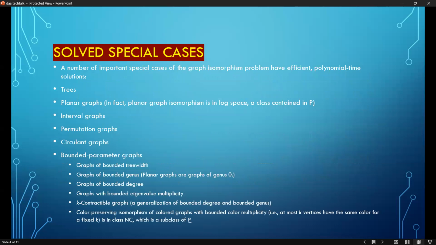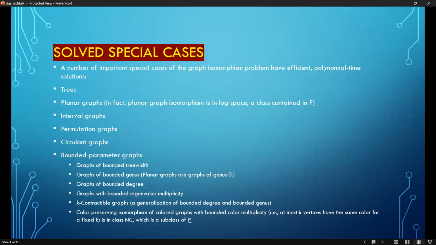Solved special cases. A number of important special cases of the graph isomorphism problem have efficient polynomial time solutions. First is trees and planar graphs. In fact, planar graph isomorphism is in log space, a class contained in P. Interval graphs, permutation graphs, circle graphs, bounded-parameter graphs, that is, graphs of bounded tree width, and graphs of bounded genus.